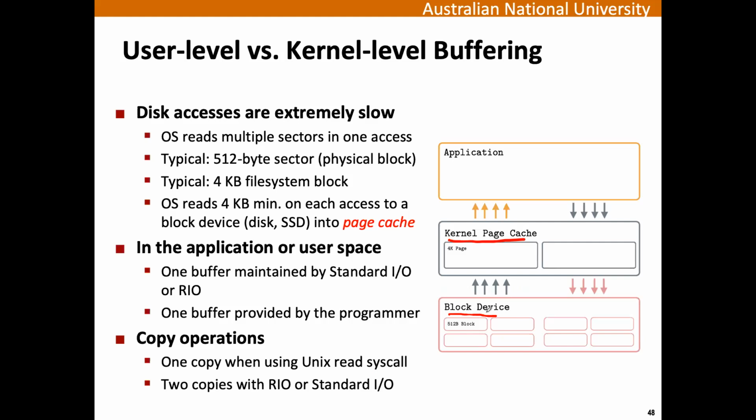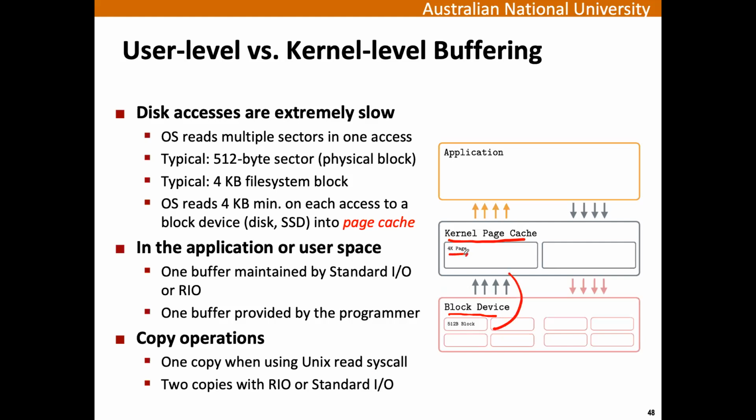These are block devices. You need to read at least 512 bytes or 4 kilobytes. When we looked at disks and how they operate, we saw that the smallest addressable unit on a disk is a sector. And the operating system is smart, knowing that all the mechanical movement is very costly. It actually reads 4 kilobytes at a time.